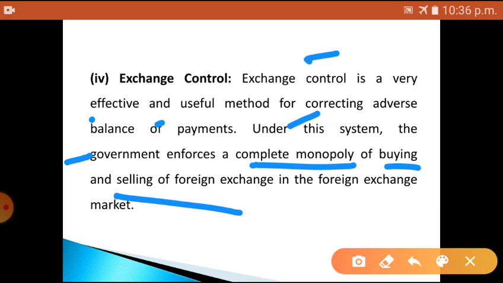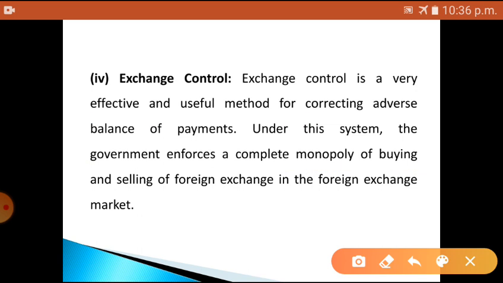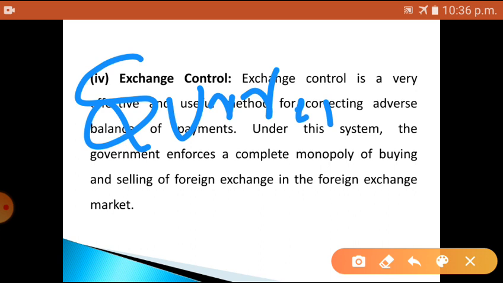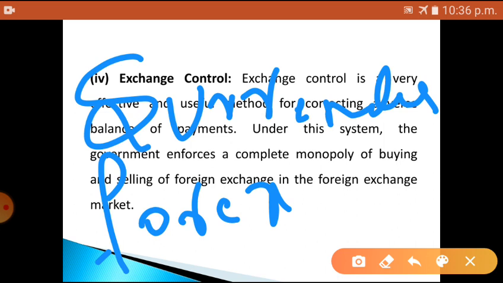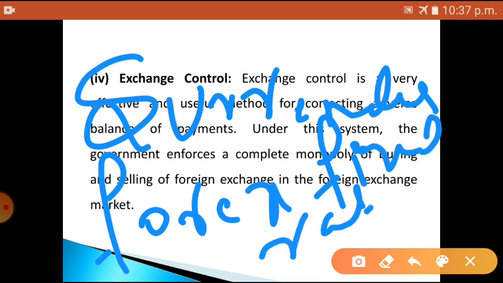Here the exporters are required to surrender their foreign exchange at a fixed rate to the central bank or Reserve Bank of India.